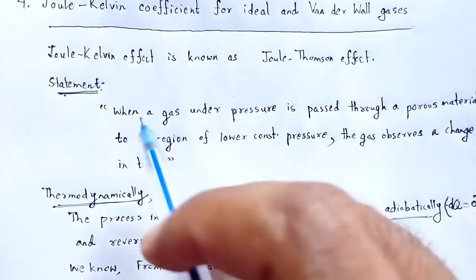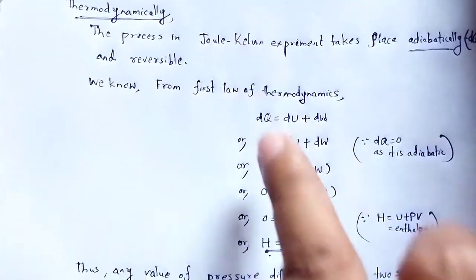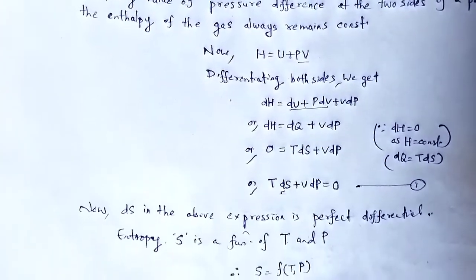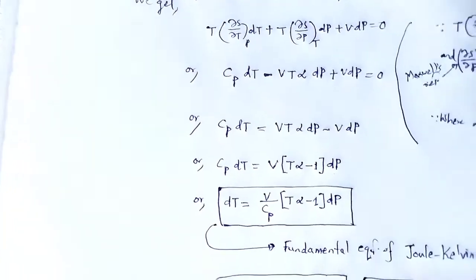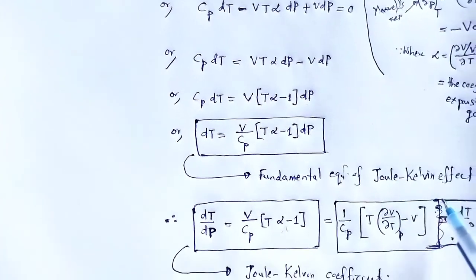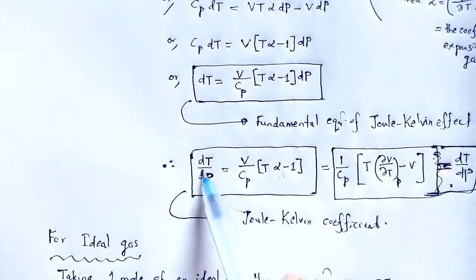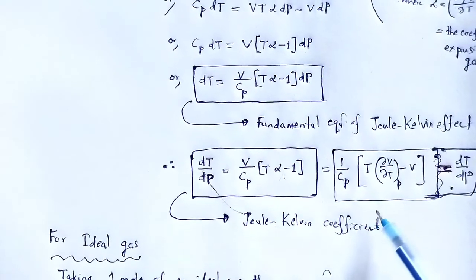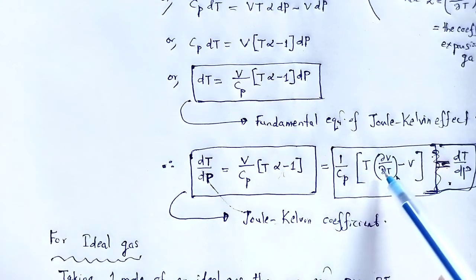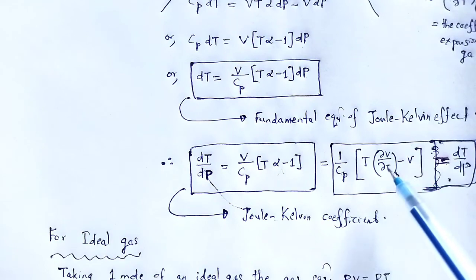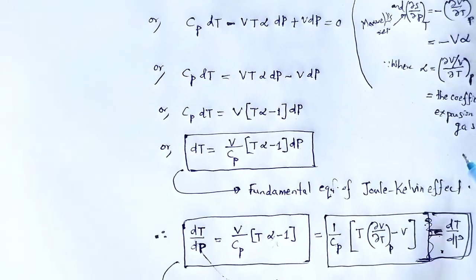We saw the treatment of the Joule-Thomson effect or Joule Kelvin effect, derived the mathematical equation thermodynamically, and finally got the fundamental equation of the Joule Kelvin effect, that is dT by dP is equal to 1 by Cp times T del V by del T at constant pressure minus V, as we substitute the constant alpha here, the coefficient of expansion of gas.